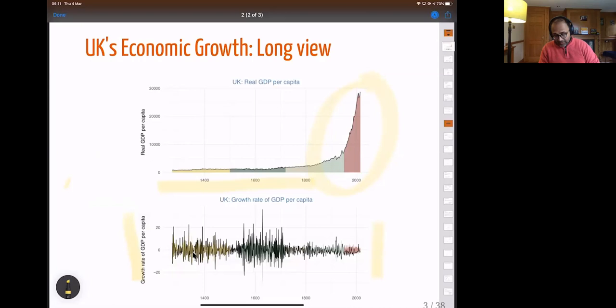What you notice is that for the first 1,000 years, the growth rate is extremely volatile. You can see the yellow period, which is less volatile, almost up till 1500. Then from 1600 onwards, it starts getting more volatile. And then the volatility suddenly starts going down around the early 1700s.